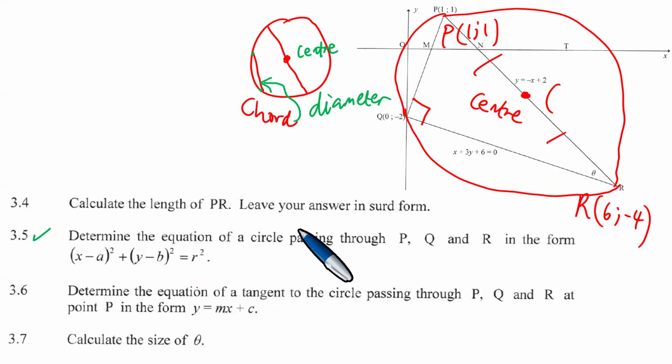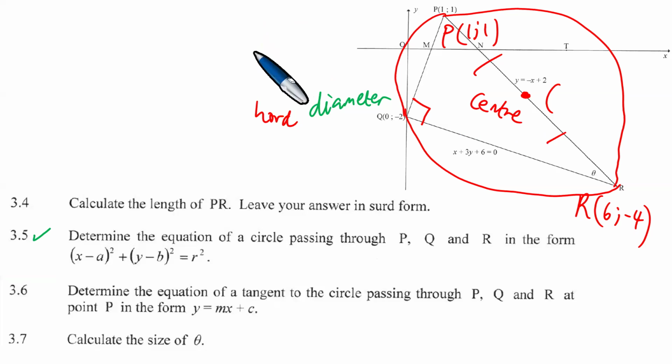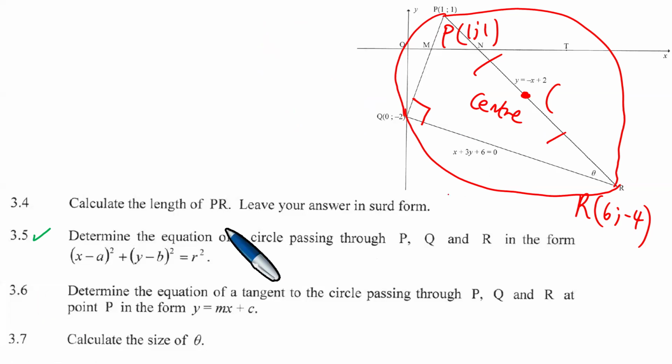And this center, we can play around with it, because we want to find the equation of this circle. To find the equation of a circle, we need a center and the length of the radius. So, what is the formula?